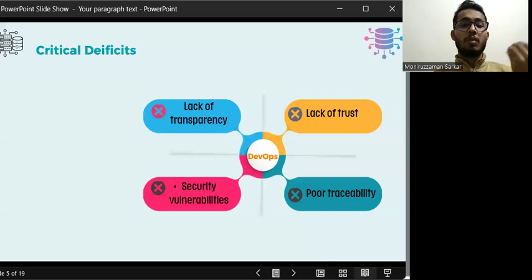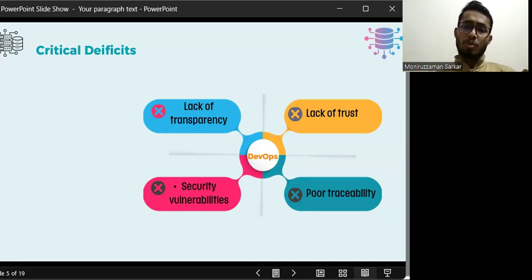Now I describe one of the most important topics, that is the critical deficits of distributed DevOps. In this paper, they were able to find four critical deficits. The first one is lack of transparency. The second one is lack of trust. The third one is security vulnerabilities and the fourth is poor traceability.